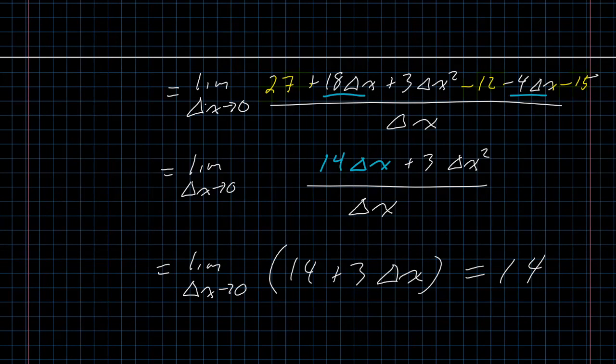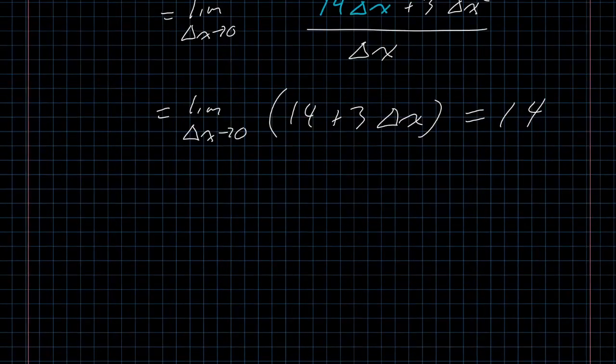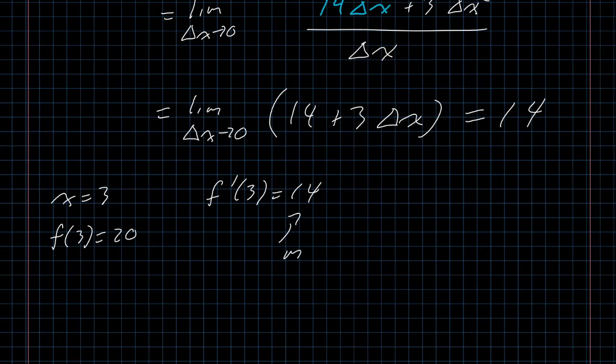That was a very long way to go. But we now know that when x is equal to 3, f of 3 is 20, and f prime of 3 is 14. That's m. These are x naught, y naught.